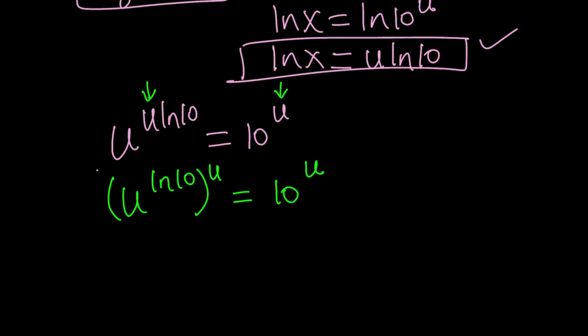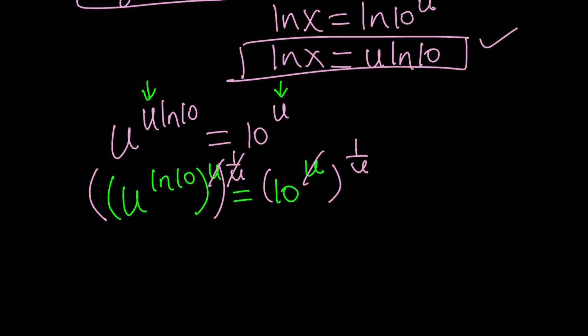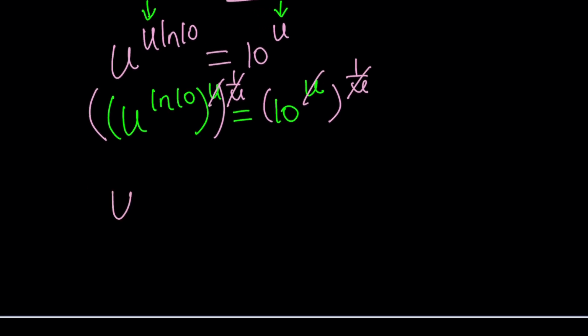So if you do that here, to the power 1 over u, and to the power 1 over u, u and 1 over u are going to cancel out, and that's going to leave us with u to the power ln 10 equals 10. Well, this is kind of nice because we can just raise both sides to the power 1 over ln 10, and that should give us the answer, right?